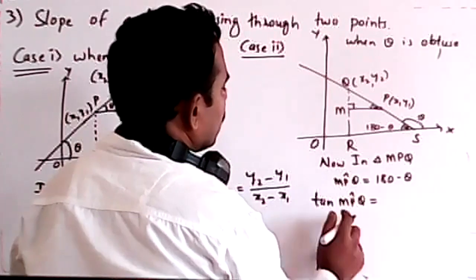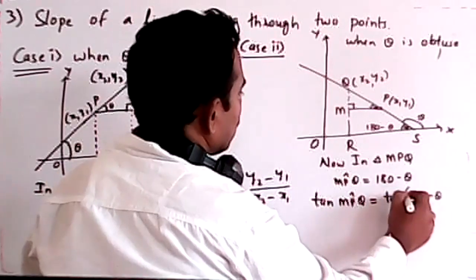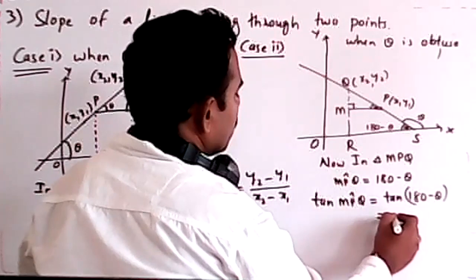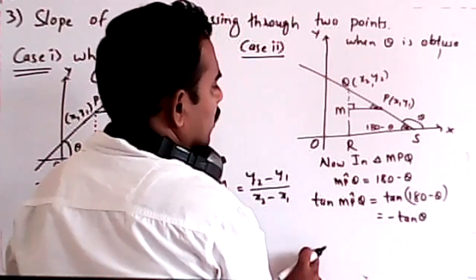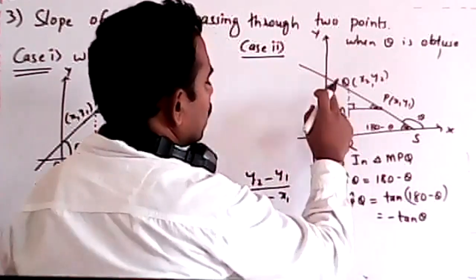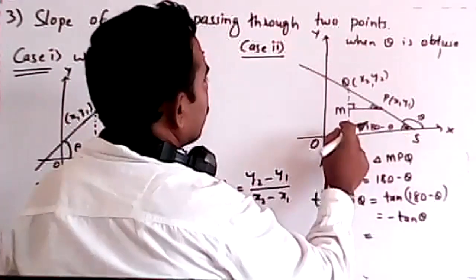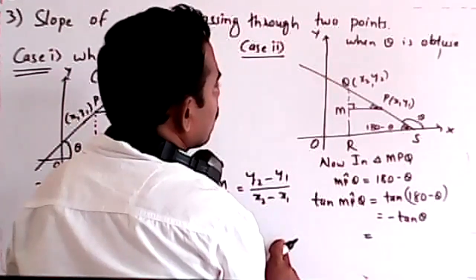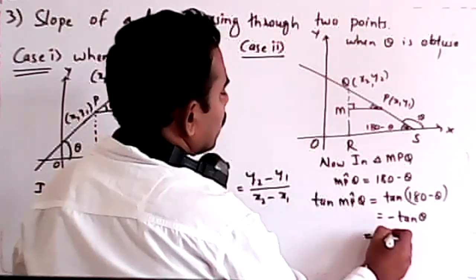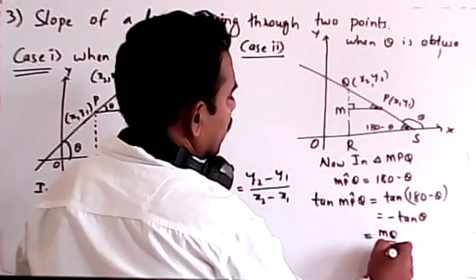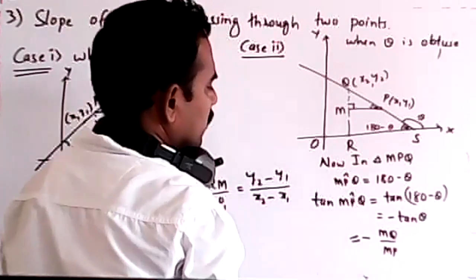That is tan of 180 minus theta, which means minus tan theta. But in this triangle MPQ, tan theta is opposite by adjacent, that is MQ by MP. But it is given as minus here, so I'll write minus.